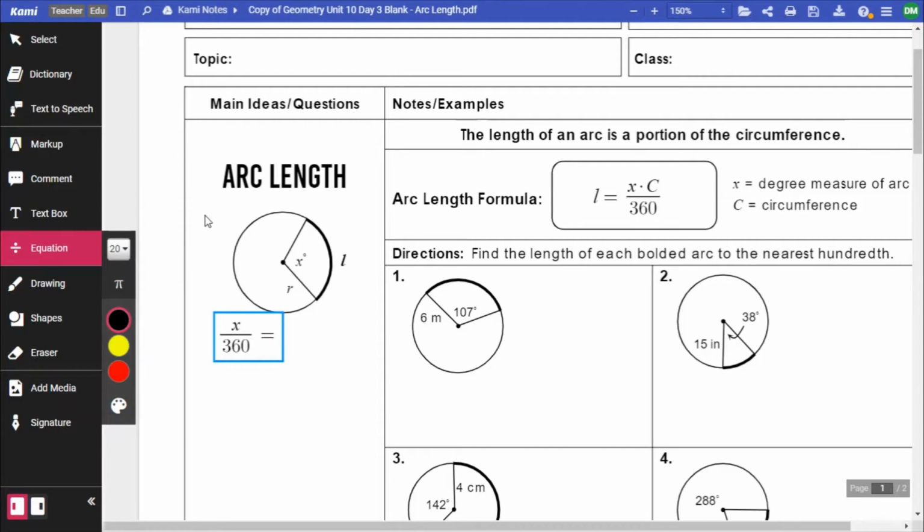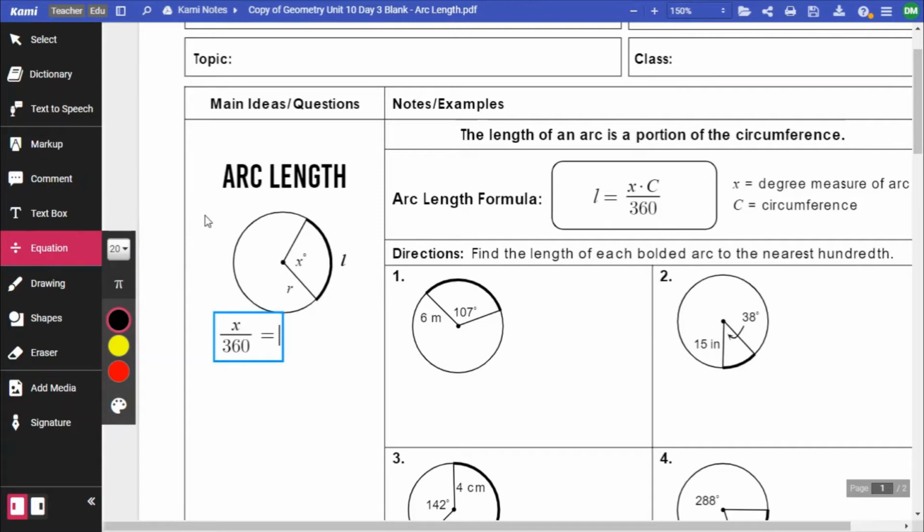Our x is our central angle measure, which is also the degree measure of the arc. And it is some part of 360. We know that we can go 360 degrees and we'll get around the entire circle. So our x is some part of that.